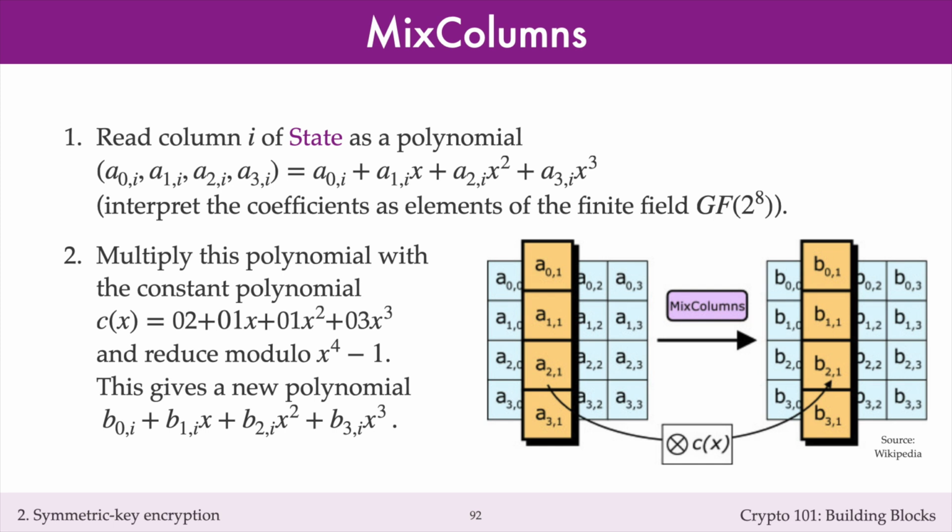We obtain a polynomial of degree at most 6, whose coefficients are in GF(2^8). When performing this multiplication, coefficients of the two polynomials are added and multiplied as elements in GF(2^8). We then divide the resulting polynomial by x^4 - 1 and get a remainder of degree at most 3. Lastly, we interpret the 4 coefficients of this remainder polynomial as the 4 bytes in the result of the MixColumns operation.